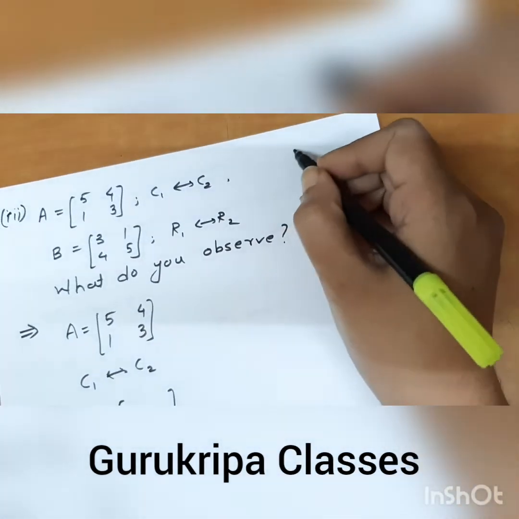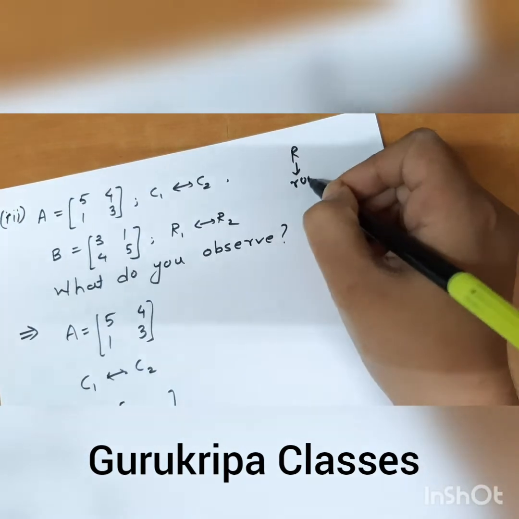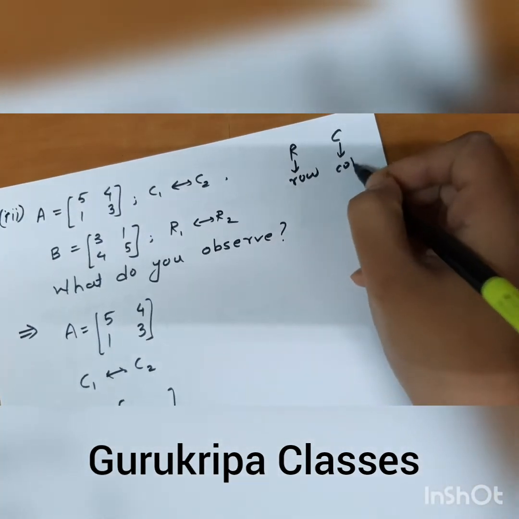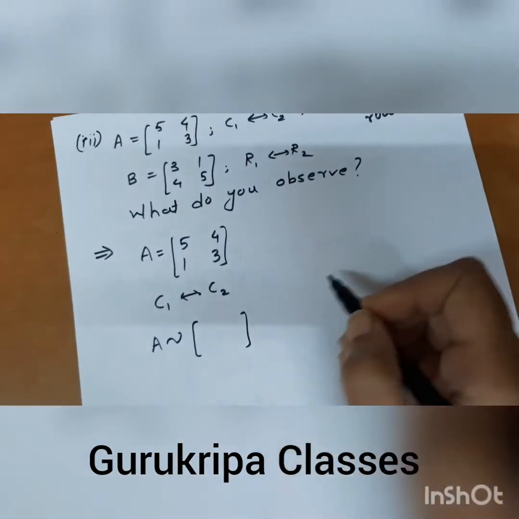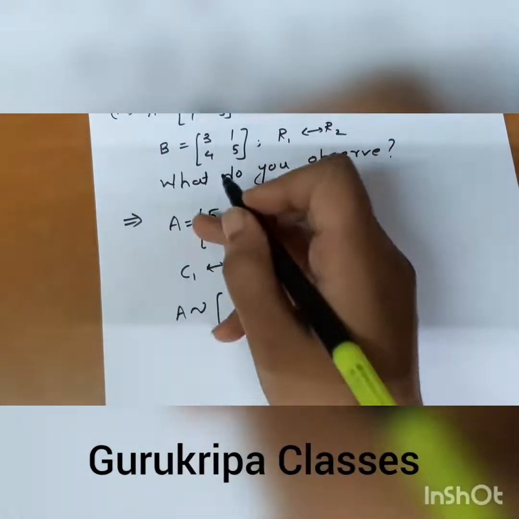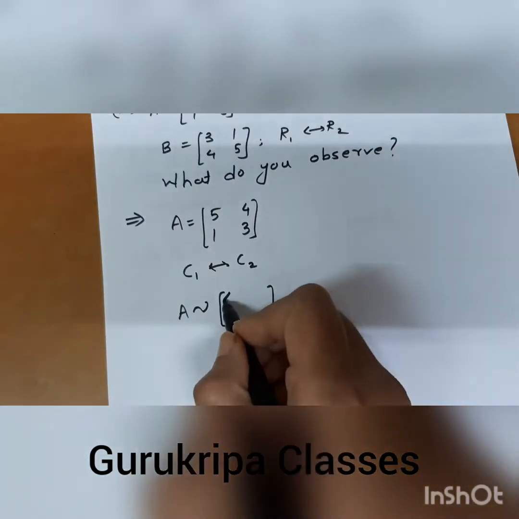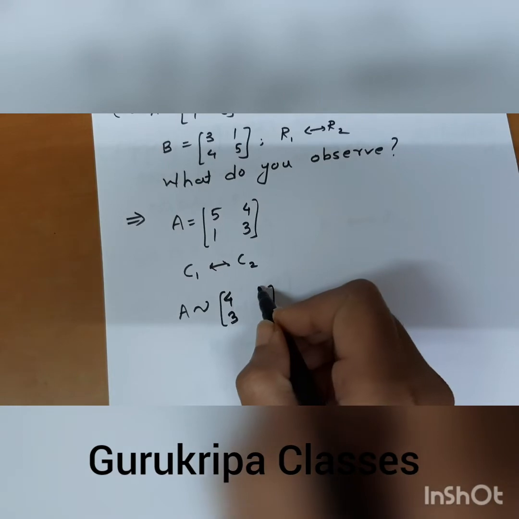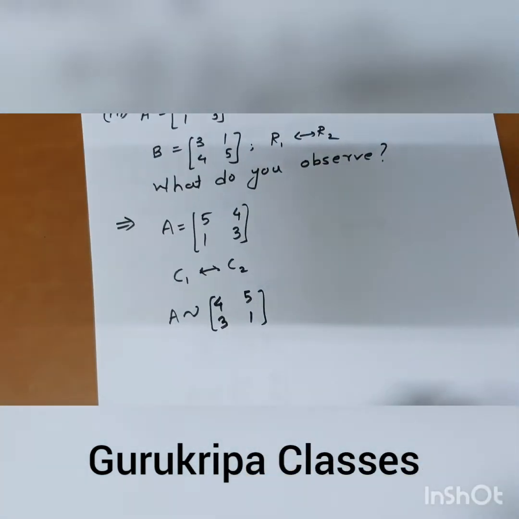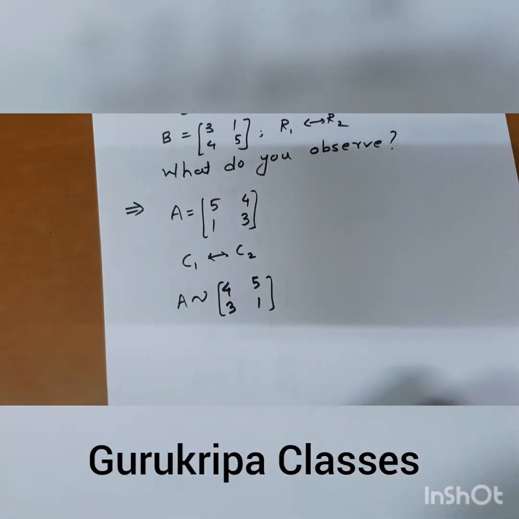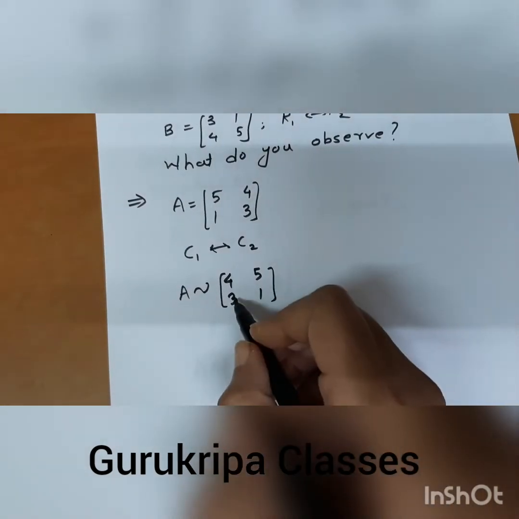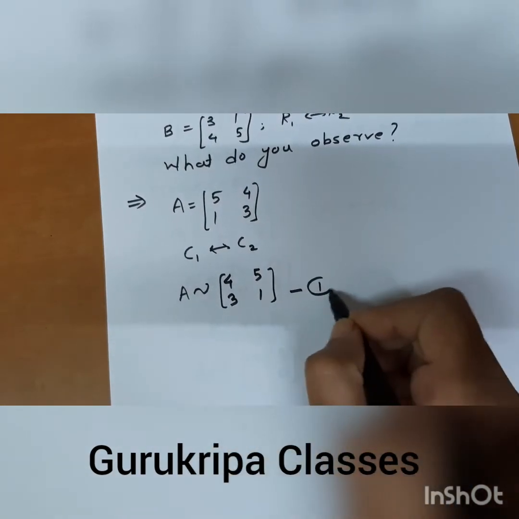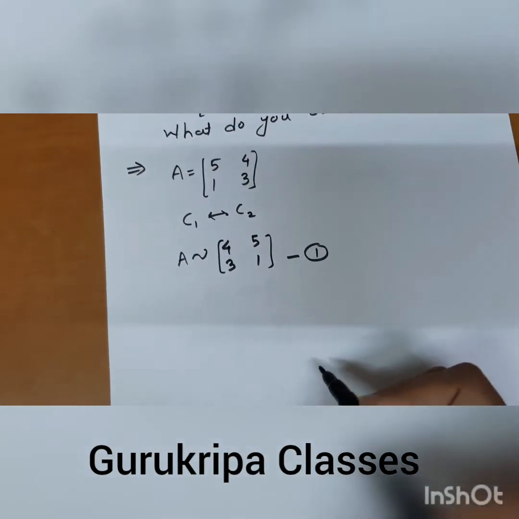In the last lecture I told you R for row and C for column. C1 interchange with C2, this is column first and column second. So I am writing the second column first and the first column as the second column. So 4 3 5 1 is the answer for this. 4 3 is the first column, 5 1 is the second one. I will take this as matrix 1.